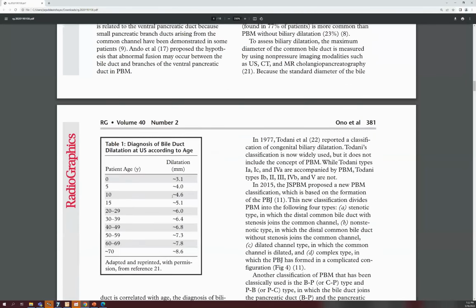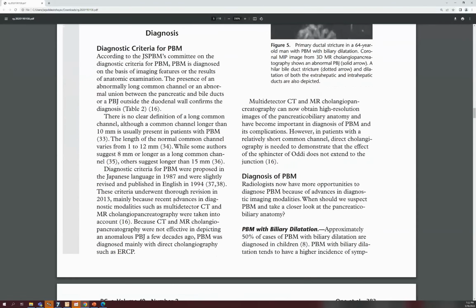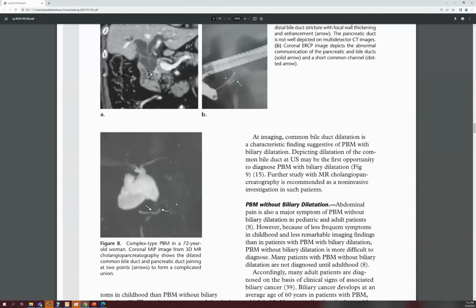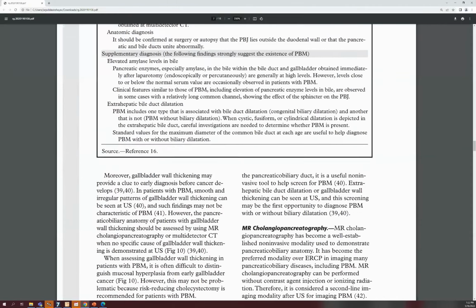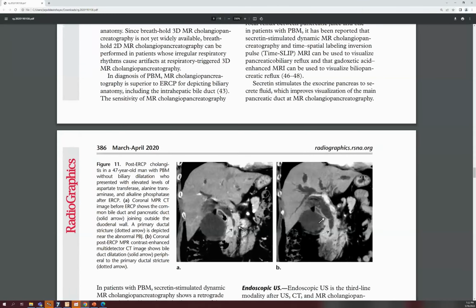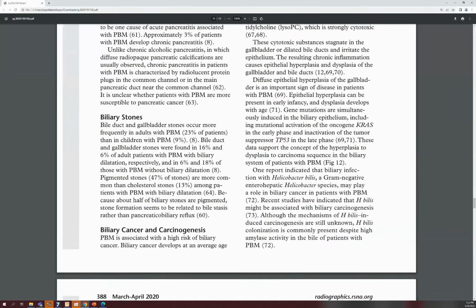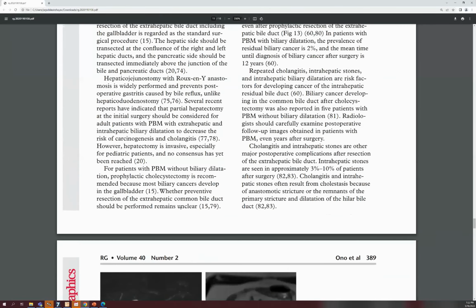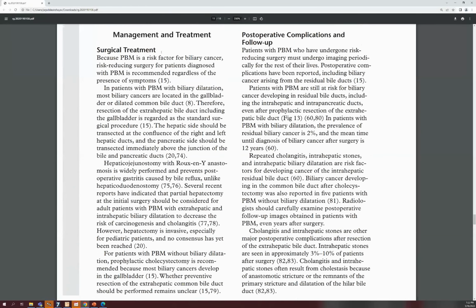And one more point I wanted to discuss is the management of these cases. Let me tell you the general management, and then I will talk about my case, which I showed. Because of the risk for biliary cancer, we have to manage the patients based on whether they have biliary dilatation or not.